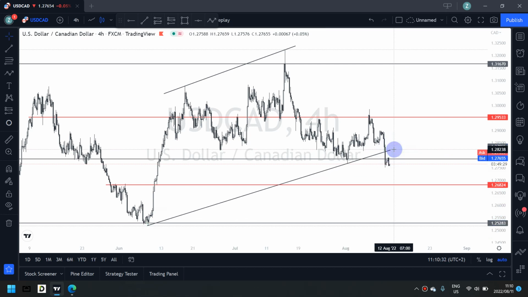So now that I've identified the overall direction of the market, the overall direction is a sell because the market was in a bullish trend. It has now broken out of our bullish trend, retested our strong key level, and basically is now gonna either push to the upside or whatever.